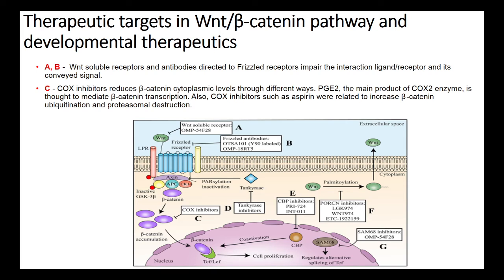Here are therapeutic targets for the WNT beta-catenin pathway and development of therapeutic methods. And here you can look at only a part. For example, we have the ligand WNT and the receptors on which this WNT will work.